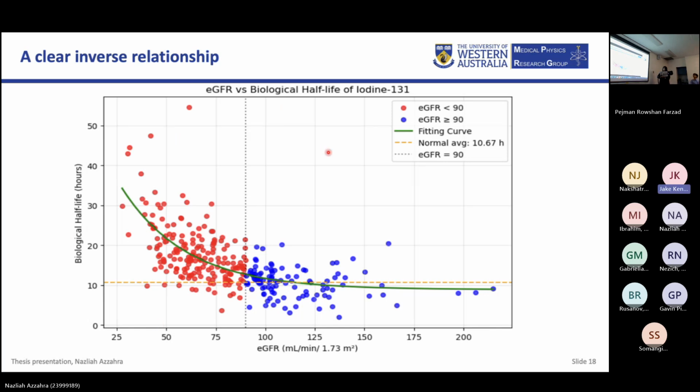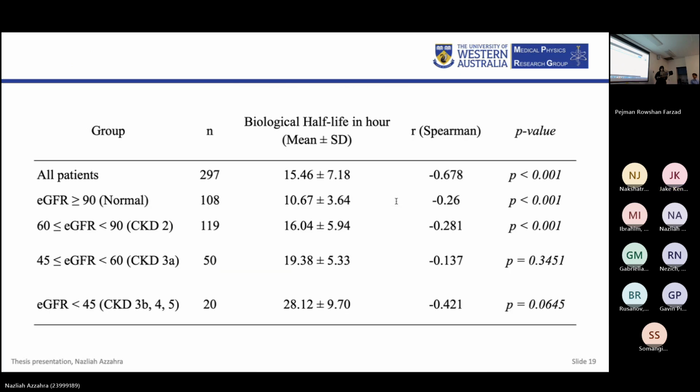And as you can see, the curve on the left side, the red dots, is much steeper than the graph on the right side, which indicates that patients with lower eGFR tend to have longer biological half-life. And also this table summarizes the statistical analysis.